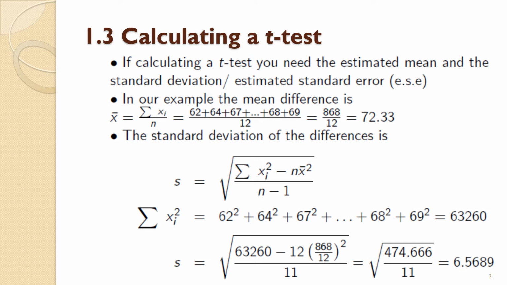The sum of xi squared is just the sum of the squared observations in the sample, and then you calculate the standard deviation. The bottom line just shows you how to plug the numbers in one at a time. Don't rush this bit. I've included the working there. I've seen all sorts of people rush it. Take your time, and it should come out that the standard deviation is equal to 6.5689.